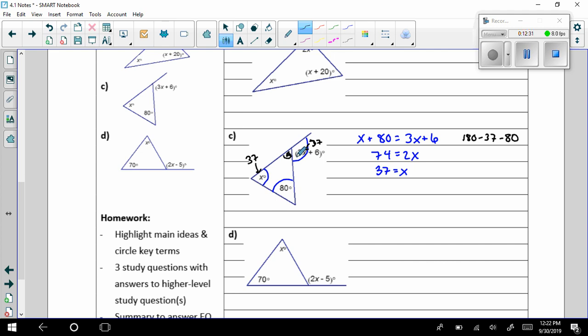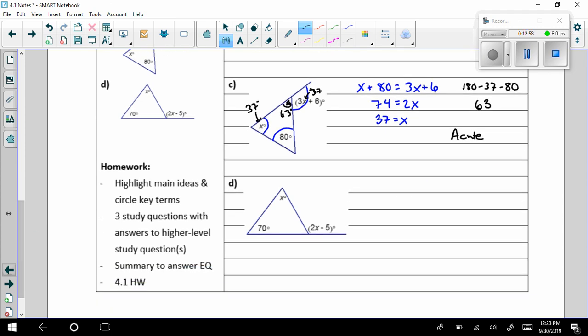So 180 minus 37 and minus 80 is the same as 100 minus 37, which is 63. So this angle is 63, this angle is 37, and this one is 80. All of those angles are less than 90, so this is an acute triangle, which you can tell by looking to some extent. But you're doing angle classification, so find those angle measures.